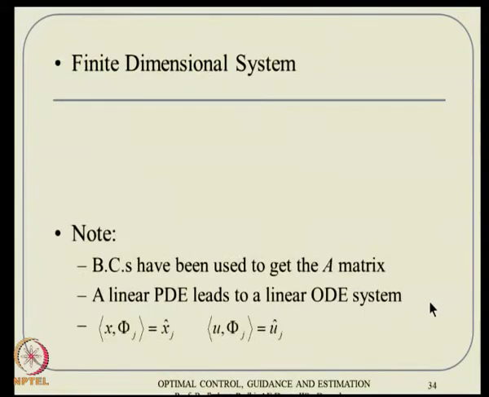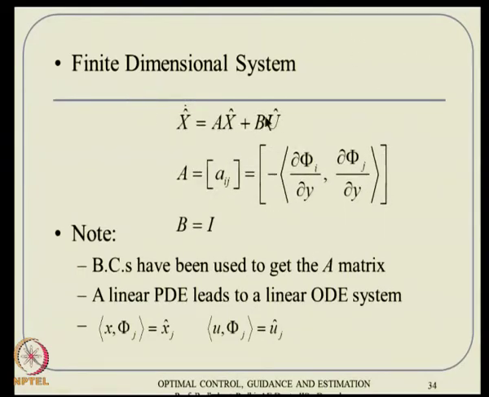Now it will ultimately result in a finite dimensional system of the form x hat dot equals A x hat plus B u hat, where the components A ij can be computed that way, and B happens to be identity. So ultimately we got a representation in a finite dimensional space, a lumped parameter representation really, but these xi do not represent any grid point solution.